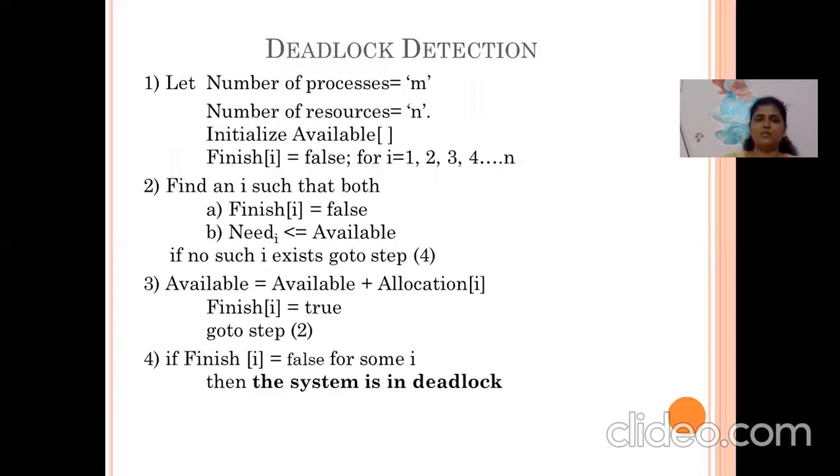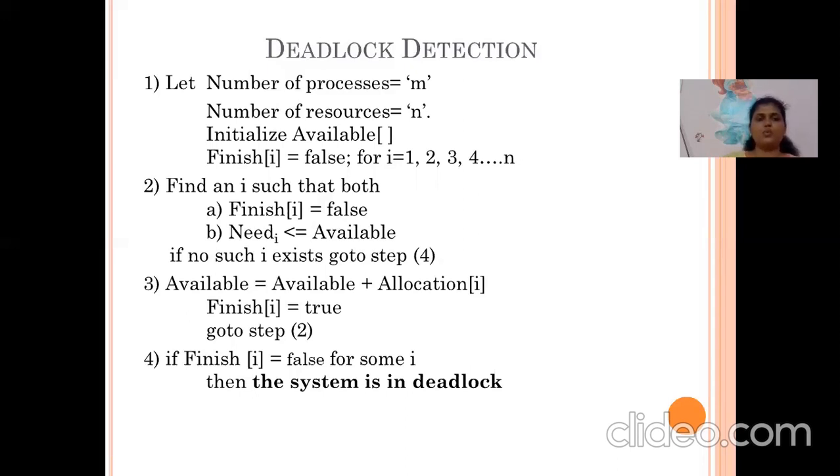You can observe it is almost exactly the same algorithm. Banker's algorithm for identifying a safe state is different, and Banker's algorithm for detecting deadlock is another one.